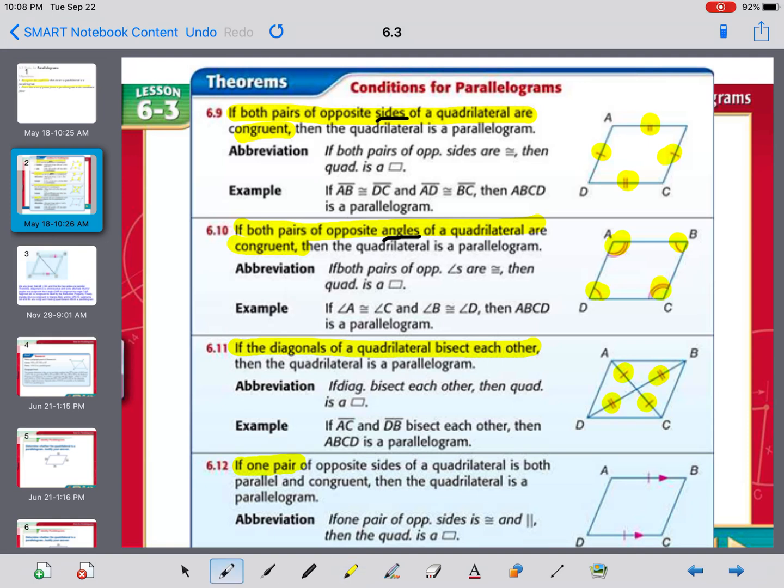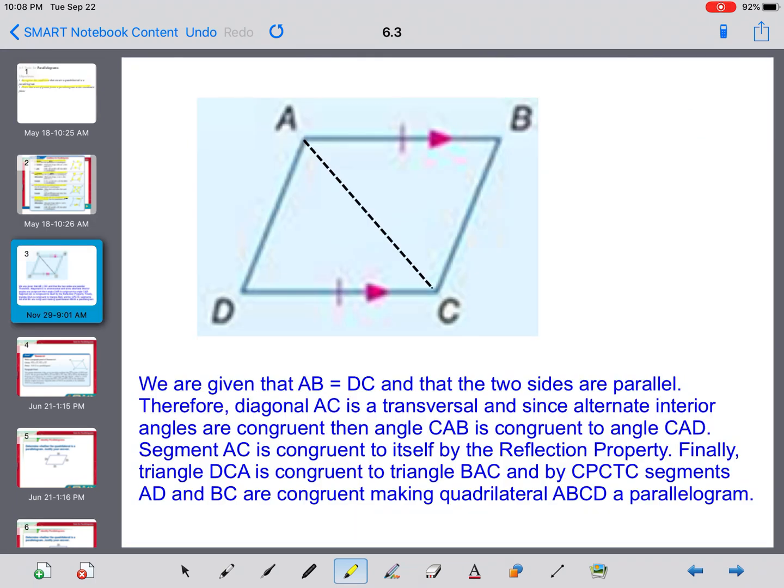And the last one is kind of interesting because it says if only one pair. Up here we had both pairs, but here one pair of opposite sides is both parallel and congruent. You can see that we have both the congruent mark and the parallel mark for sides AB and CD.